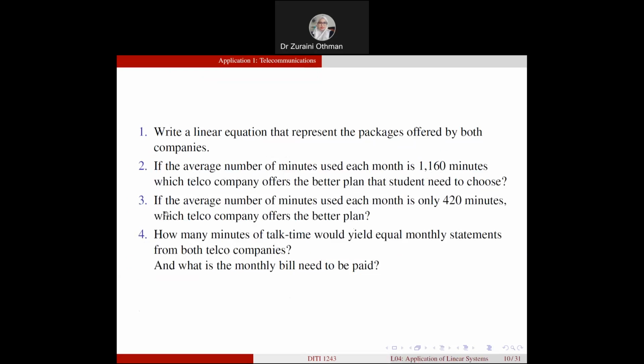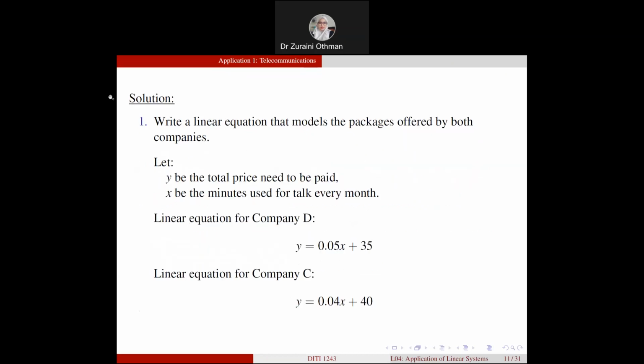And question number 3, jika dia ada 420 minit, which telco company offers the better plan? And how many minutes of talk time will yield equal monthly statements for both telco companies? Okay, baca baik-baik soalan ni, dia nak apa? Then, okay, this is the solution dia.